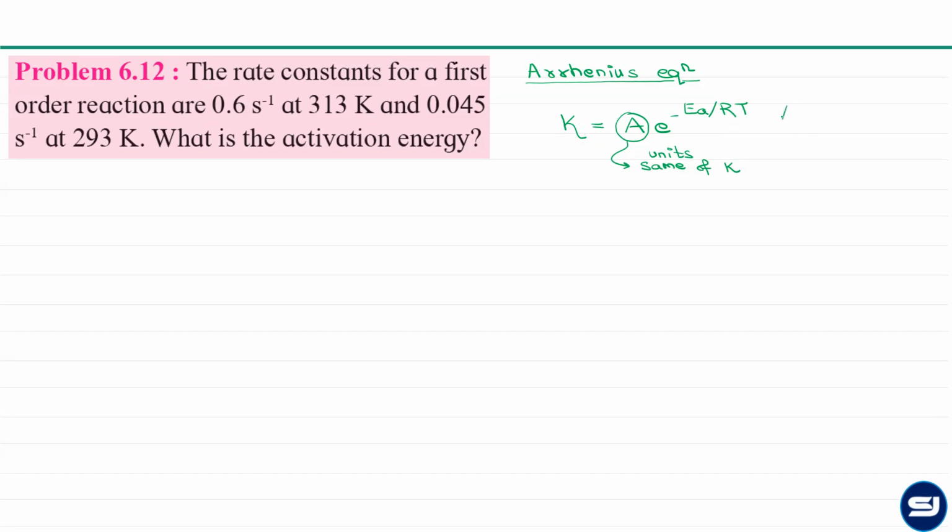And the conclusion was, as the activation energy, which is the potential energy barrier, increases, the higher the activation energy, the rate of the reaction will be slower.